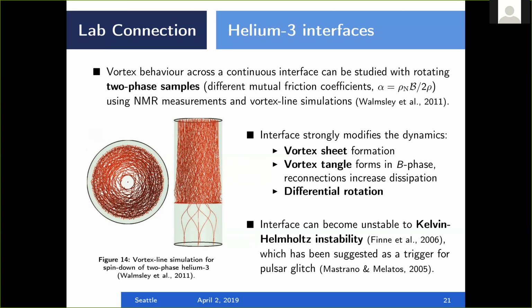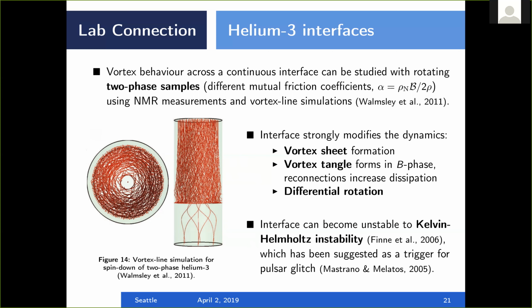In this simulation that they did, they actually performed NMR measurements with it, this is just more illustrative of what's going on. At the interface between those two, the first thing that you see is that because the A phase spins down faster, the vortices move out and pull on the ends of the B phase vortices.